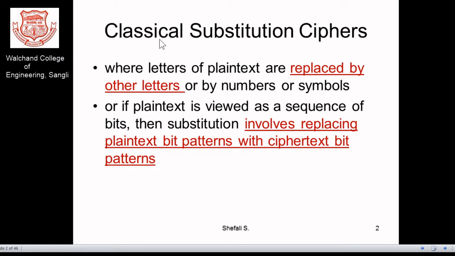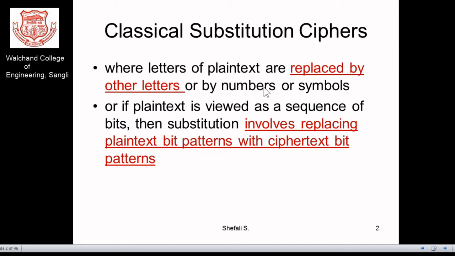Now out of this, there is the first category, which is the classical substitution cipher. What exactly happens with this cipher is that a character or letter of your plain text is replaced by another letter itself.